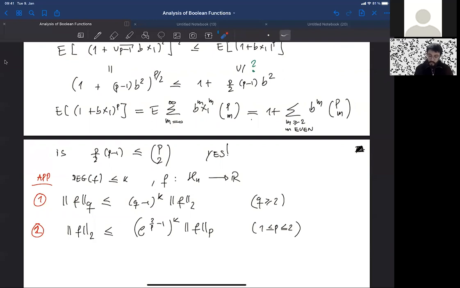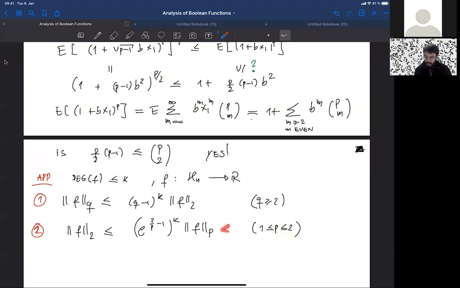The norms are increasing with q. So we do know that this is bigger or equal than the norm 2, and then we're saying that it's less or equal than this. So it's equivalent to the norm 2, and the norm loses by some constant raised to the power of the degree of the function. And the same thing here, p is less than 2.